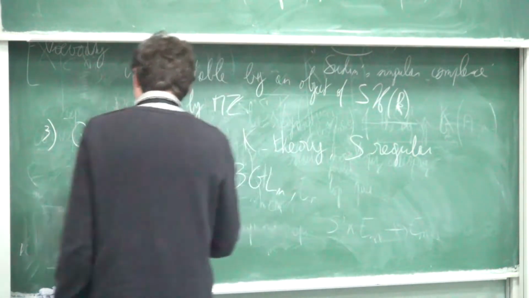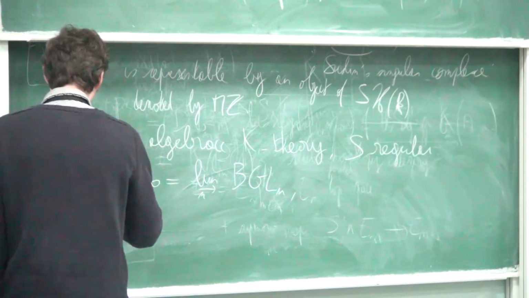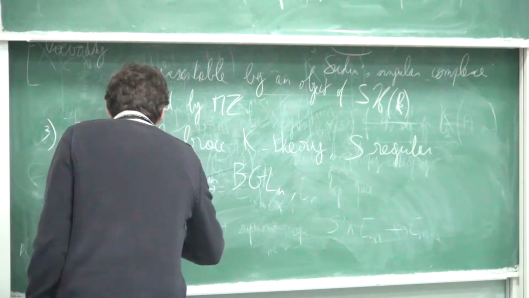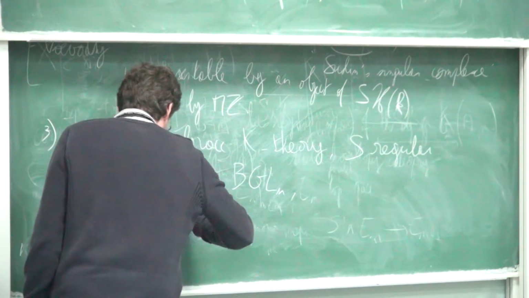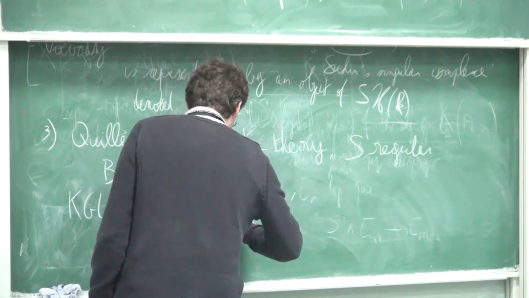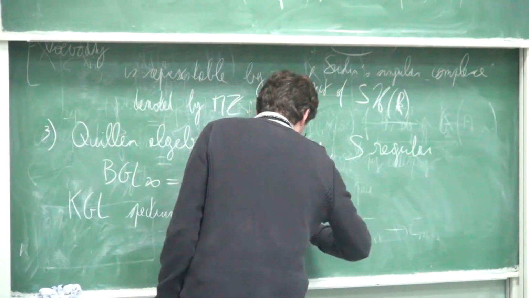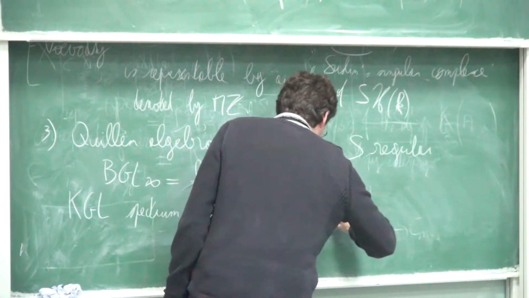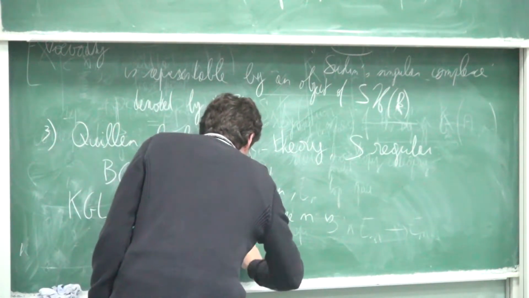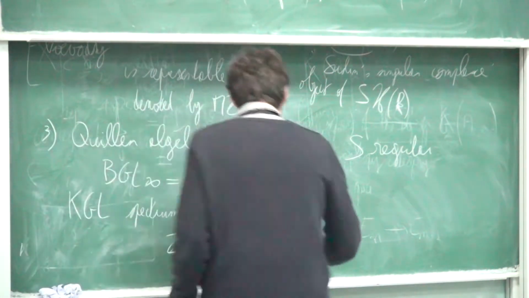And we define, so the notations vary, but I will define KGL to be the spectrum which in degree n is just Z cross BGL, seen as a simplicial sheaf.